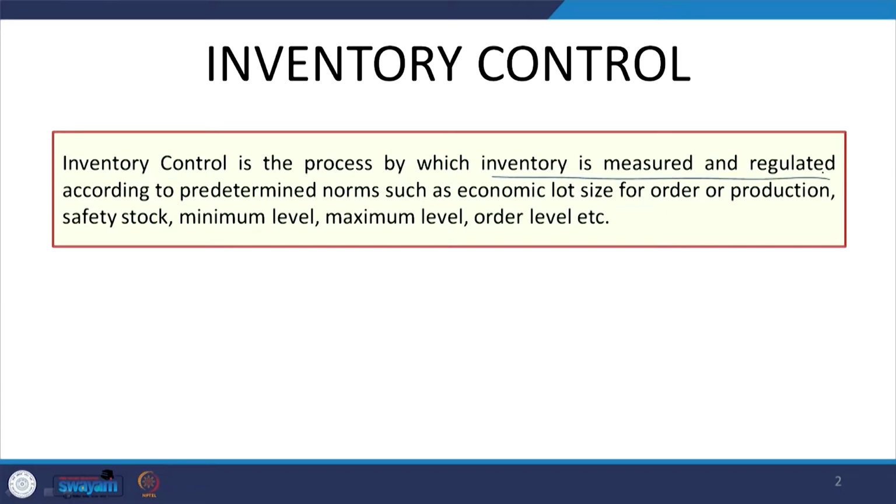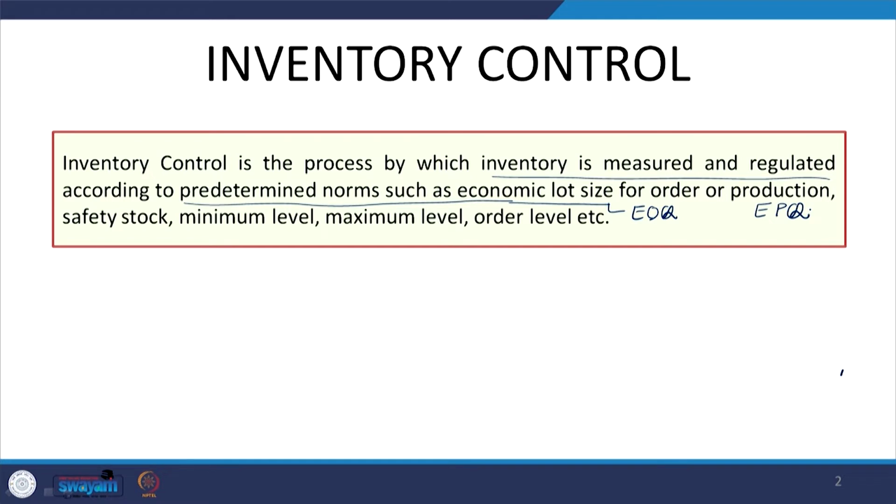Inventory control is the process through which we are measuring and regulating the inventory, and this is done on the basis of some predetermined norms such as economic lot size, like we have already discussed under EOQ, and economic production quantity, the variation of EOQ.